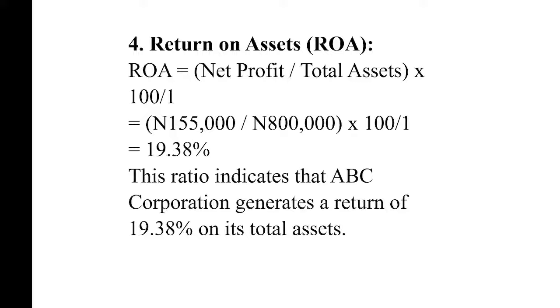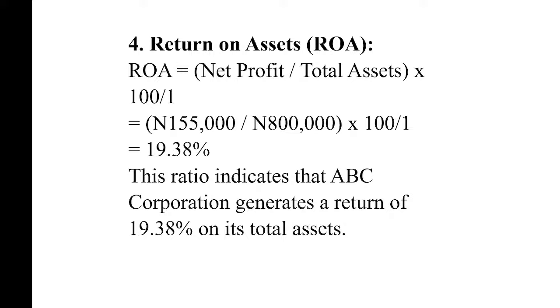So total assets is equal to non-current asset plus current asset. You can get it from that side of the statement of financial position or the other side.